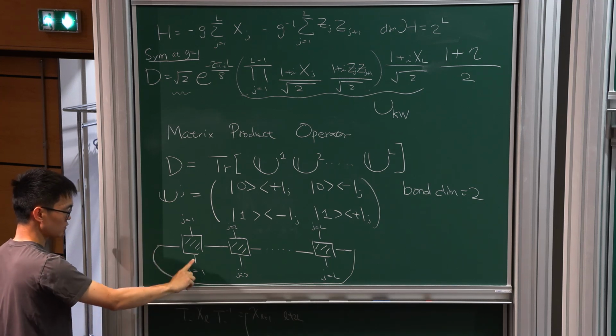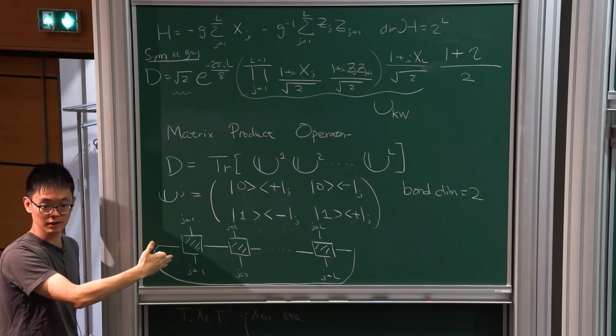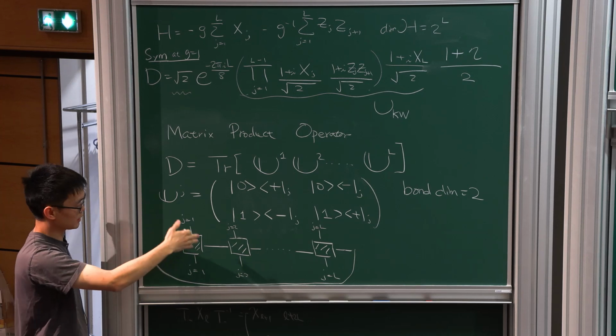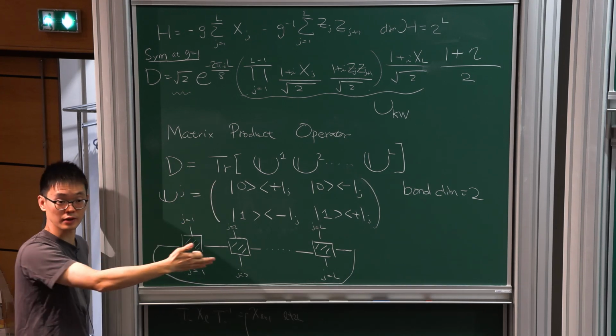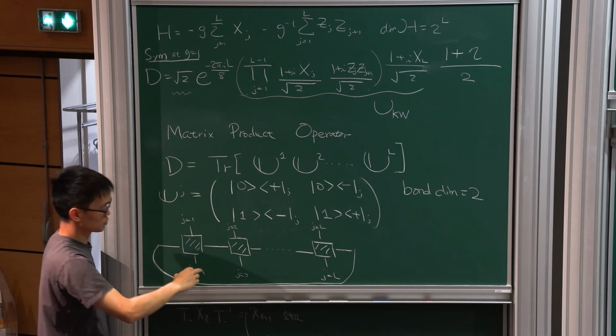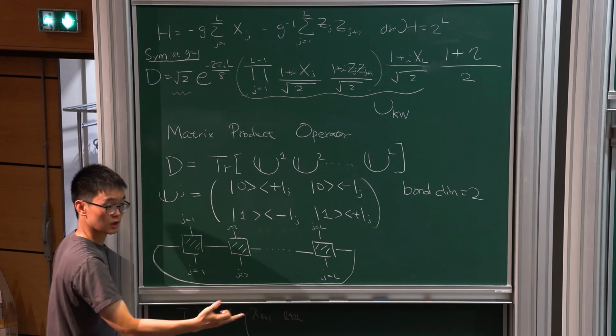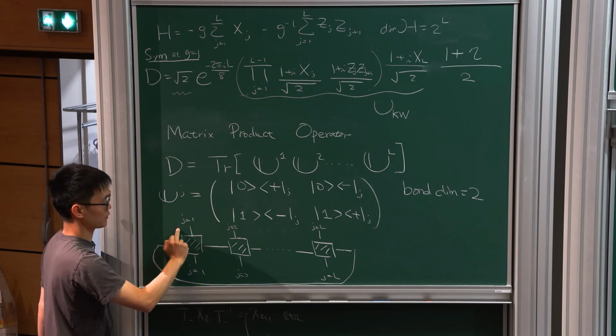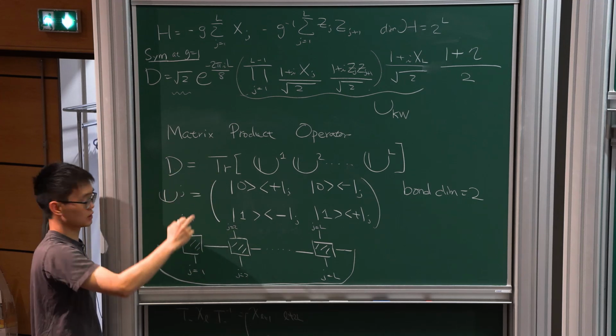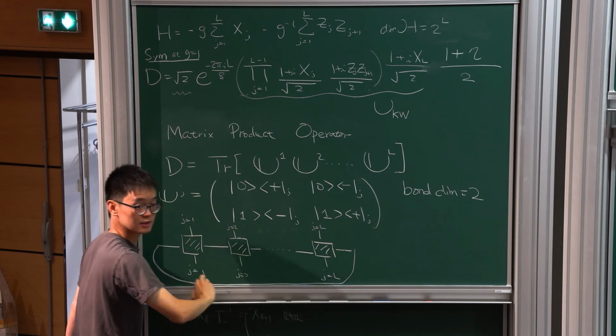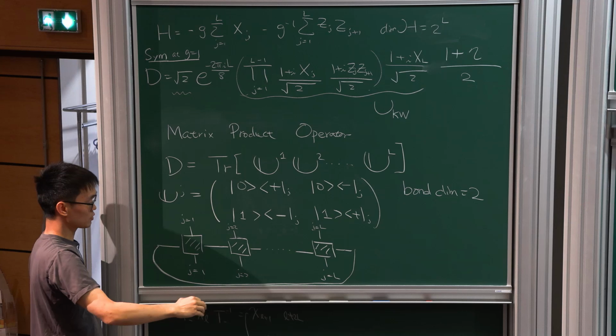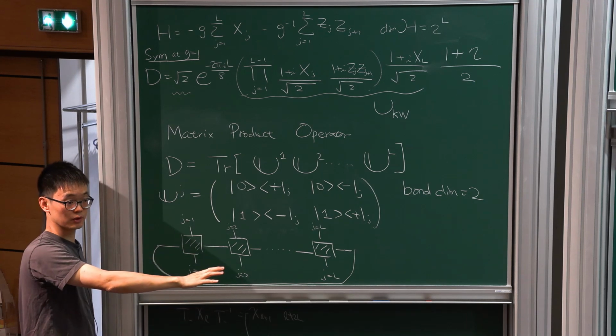So the vertical legs are the physical legs. This is an operator acting on a 2 to the L dimensional Hilbert space, so it should have L legs coming from the past, and L legs going to the future. Those are these legs. That's the final output of this operator.